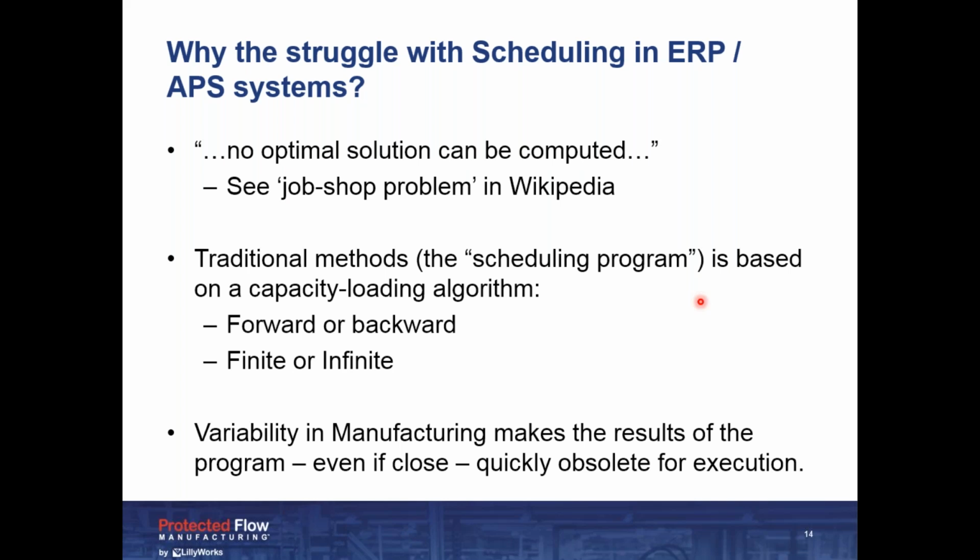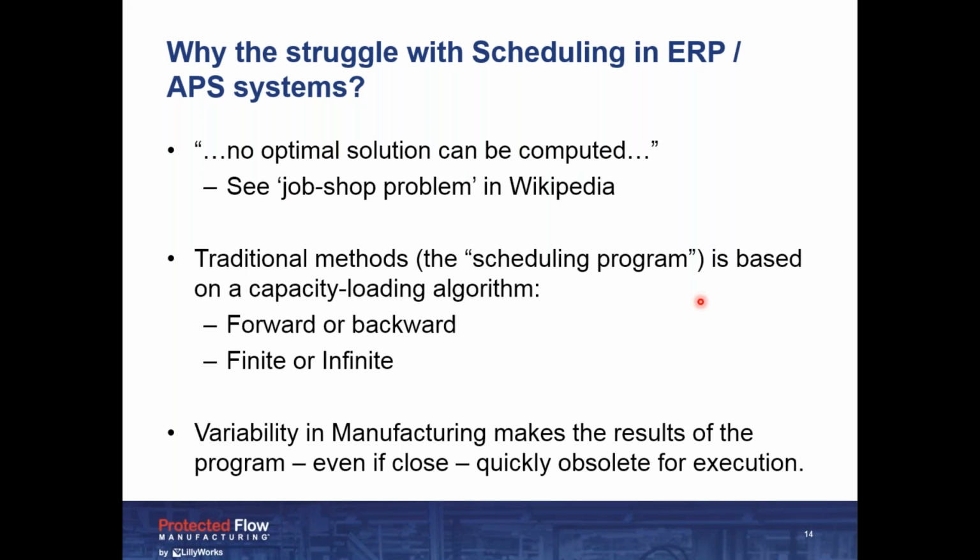So what are ERP systems doing for us? They're running a capacity loading algorithm that simulates the way you might put things in a schedule, based on forward scheduling or backward scheduling, finitely or infinitely. It looks at your capacity and puts in all the operations of each work order.